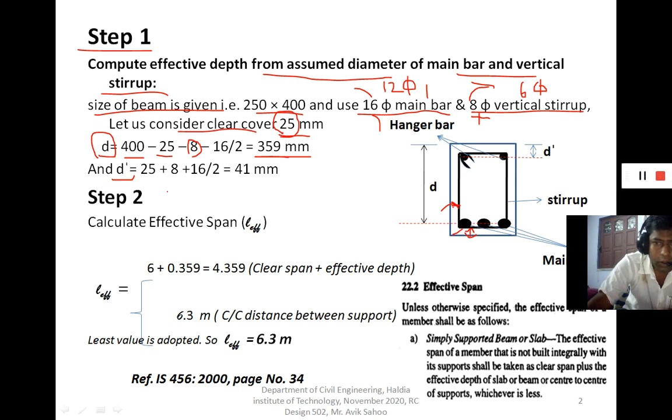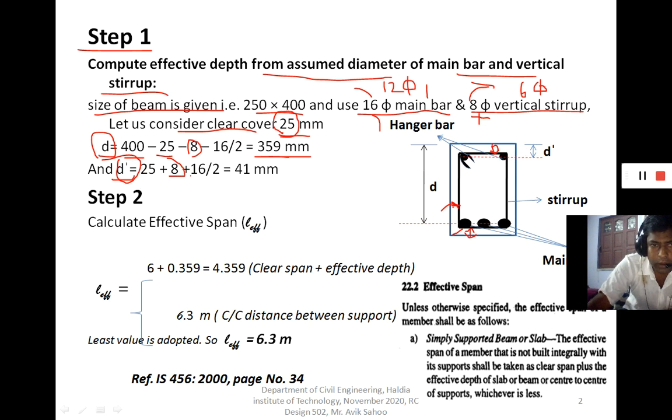Next the d dash, because this is a doubly reinforced section, so the reinforcement is used in the compression side also, so you need to calculate effective compressive depth. This distance is called effective compressive depth. So how you get it? 25 is the clear cover, then you add diameter of the stirrup, and again it is measured from the centroid of the compressive steel to the extreme compression fiber, to the topmost fiber.